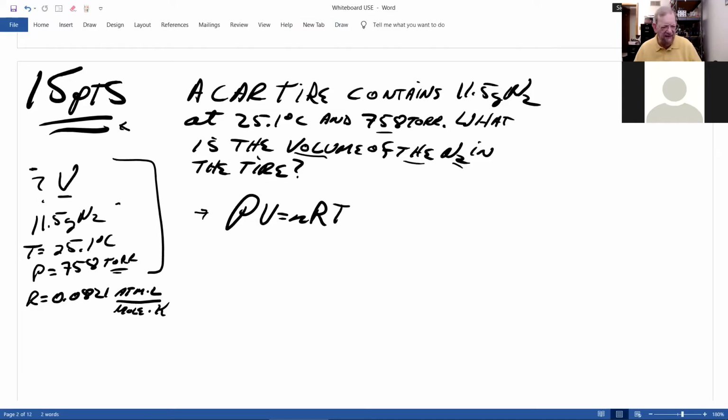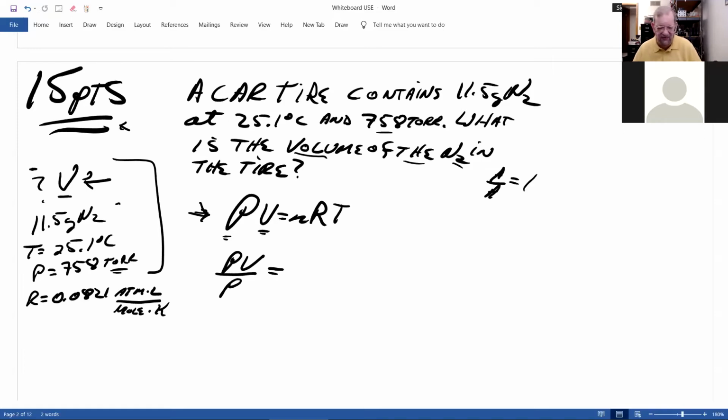What are we trying to find? Volume. We're using PV equals nRT. In order to solve for volume, we need it alone on one side. Oh, it's not. There's the pressure. How do we get rid of something when you're multiplying? Divide by it. Anything divided by itself equals 1.